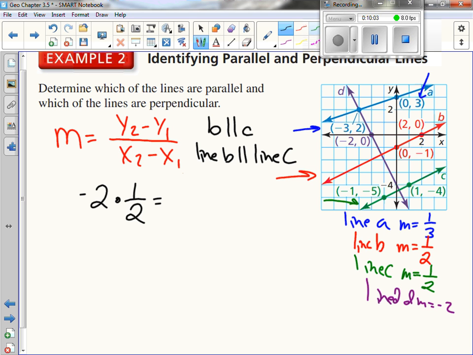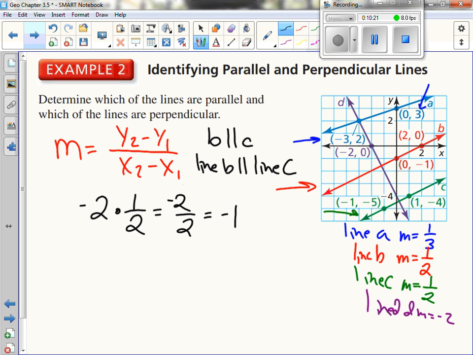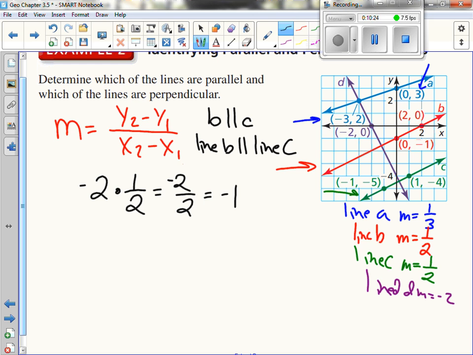Well, let's see what happens. Negative 2 times 1/2 would be negative 2 over 2, which is negative 1. Two non-vertical lines are perpendicular if and only if the product of their slopes is negative 1. So it is.